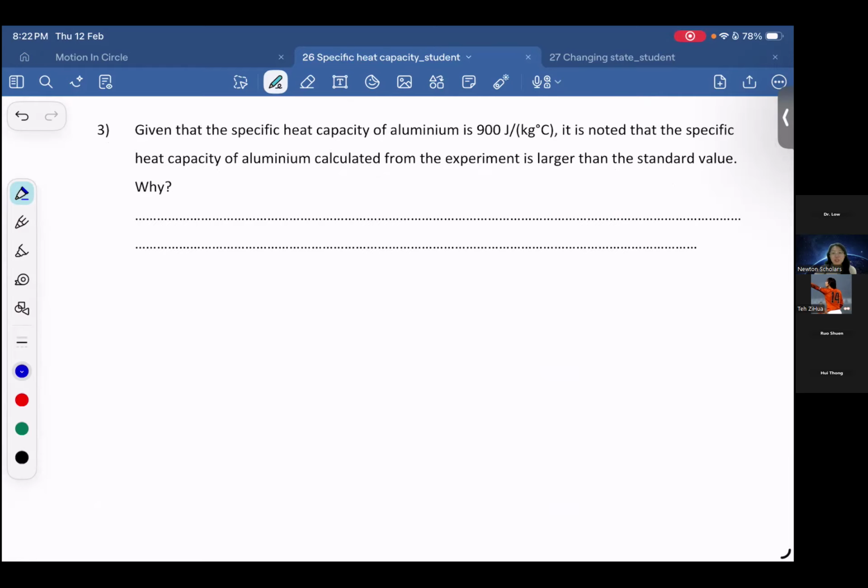Look here, this is from the experiment. The initial temperature is 31 degrees Celsius, the final temperature is 54 degrees Celsius, and the change in temperature is 23 degrees Celsius.